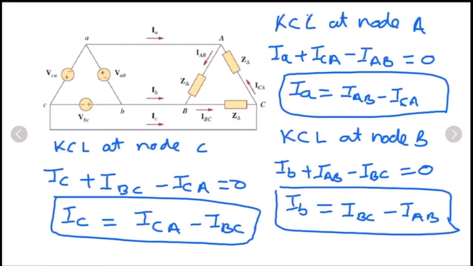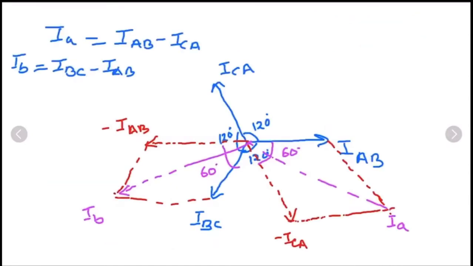Then we will move to the next equation, that is IC is equal to ICA minus IBC. So IC is equal to ICA minus IBC. We will have this, and minus IBC.